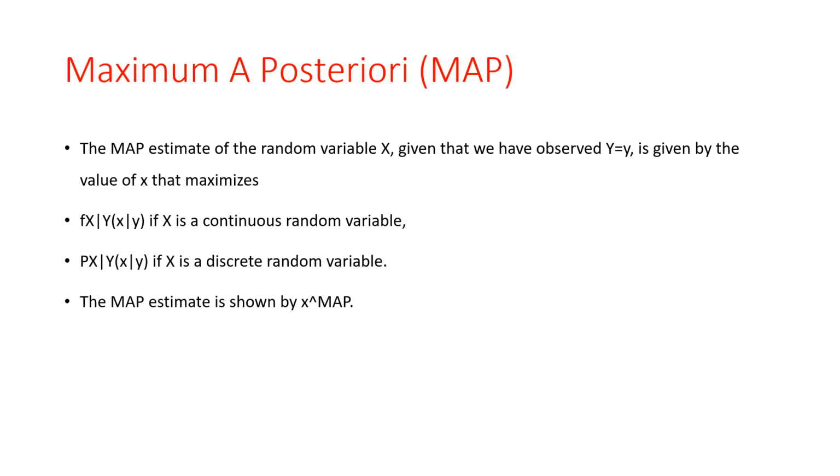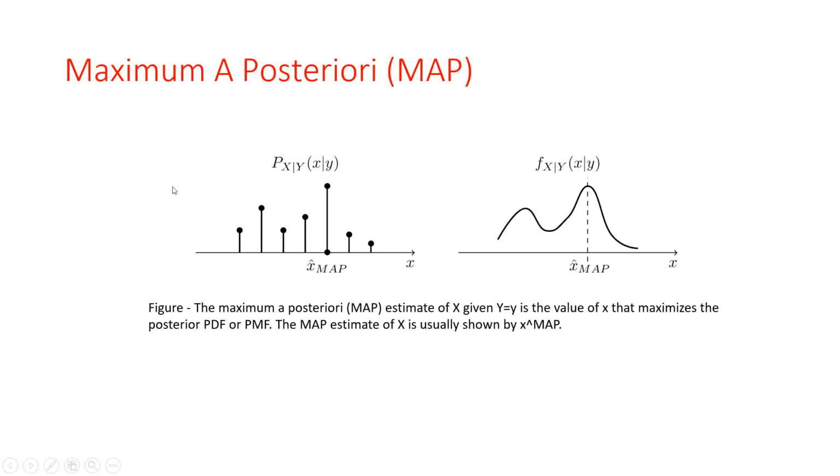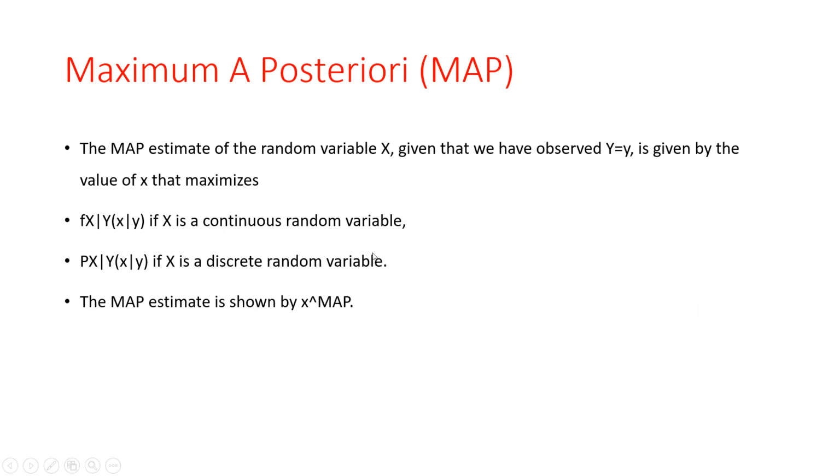f of x given y if X is a continuous random variable. So this is for the continuous random variable. And the second is the probability of x given y if X is a discrete random variable.